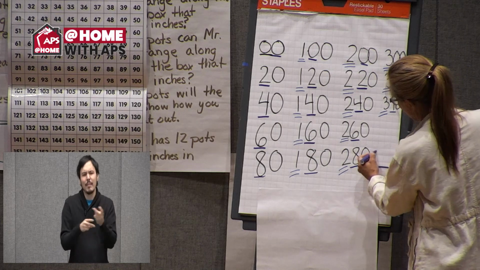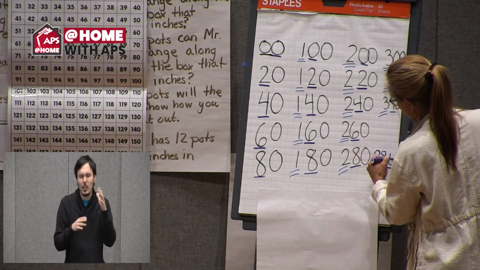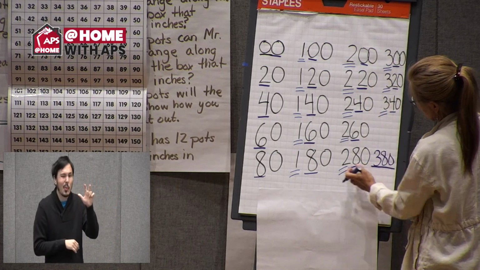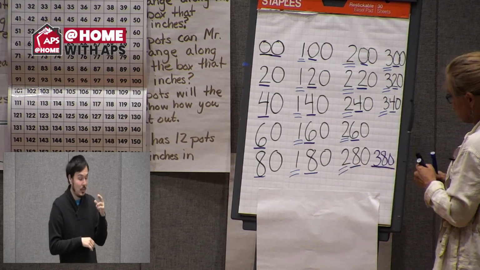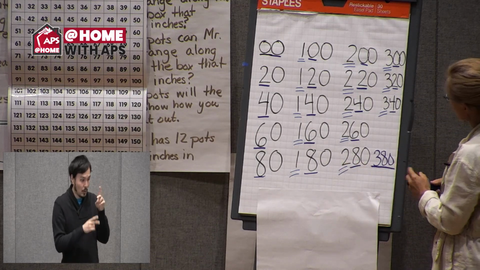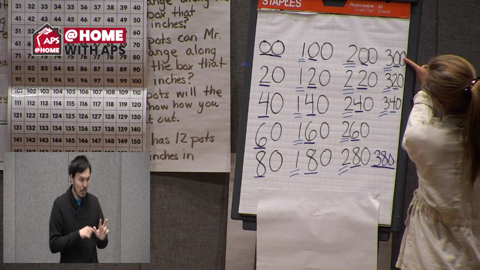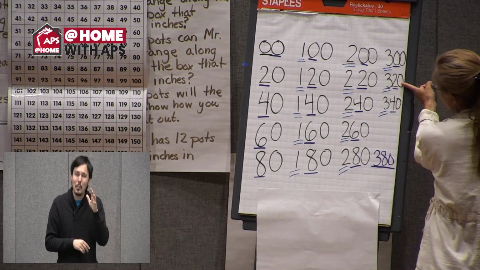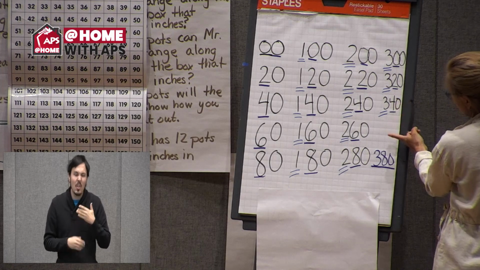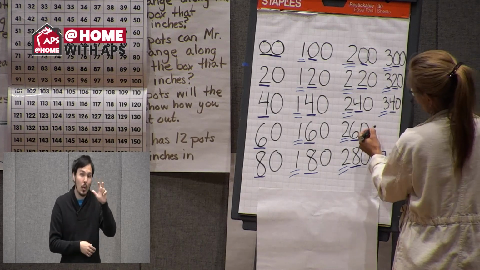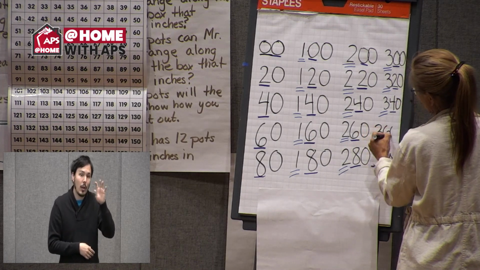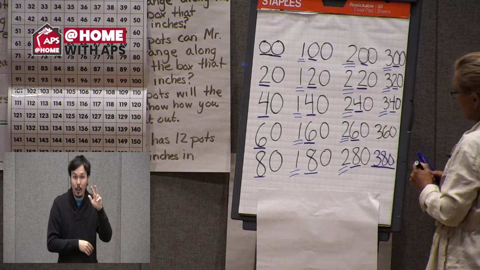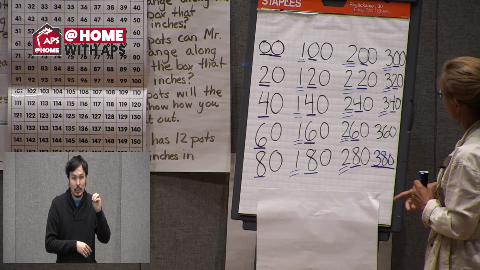This would probably be 380, right? Because we have all 3s here, and we have all 80s in that other spot. Let's count and see. Let's start up here together with 300, 320, 340. This one would be 360. And this one will be 380, which is what we were thinking.